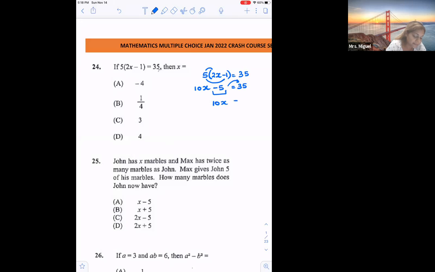So 10x is equal to 35 plus 5. 10x is equal to 40. x is 40 over 10. x is equal to 4. We could check our answer because 4 multiplied by 2 is 8. 8 minus 1 is 7. And 7 5s are 35.